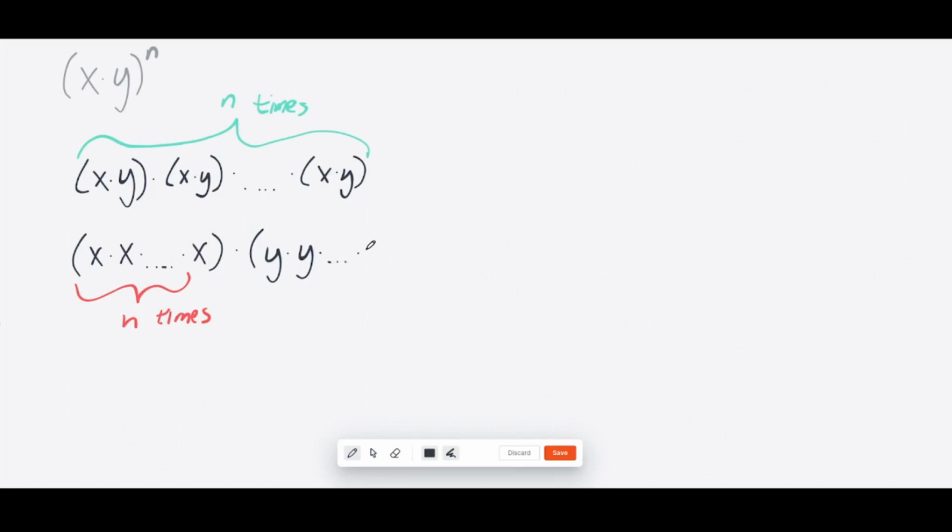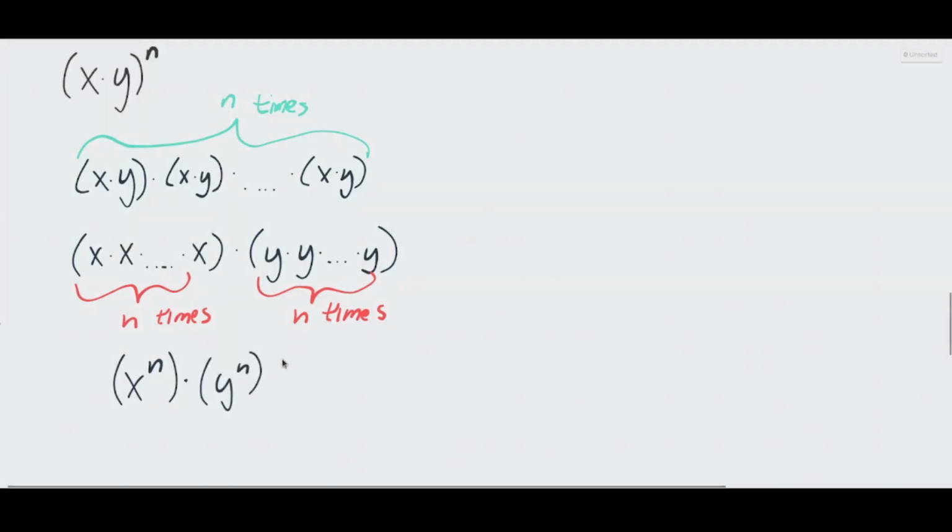So if we do that, you can see that we would end up with something like this. And then according to the definition of exponents, x times itself, n times, is equal to x raised to the nth power. And then y times itself, n times, is equal to y to the nth power. So this is the more general proof for how this formula works.